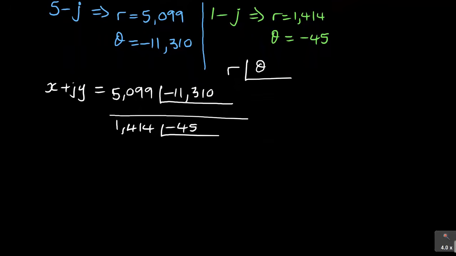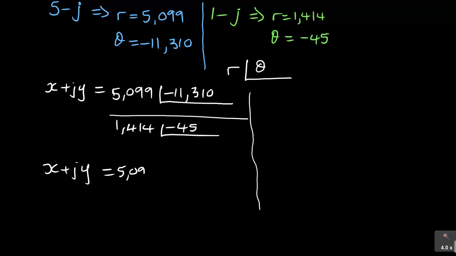And if I simplify that, I've got now x plus jy is equal to. So when you are simplifying now the polar forms, what you need to know is when you're dividing the numbers, you are going to have 5,099 over 1,414.